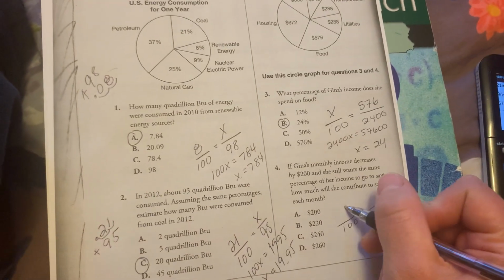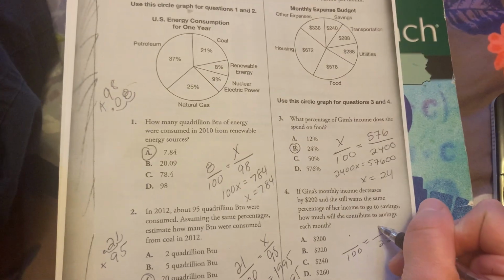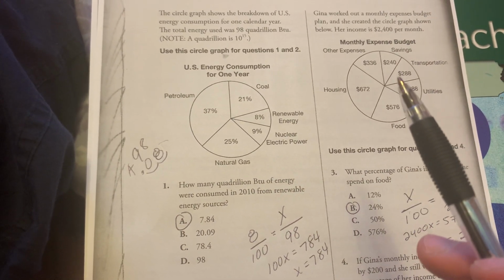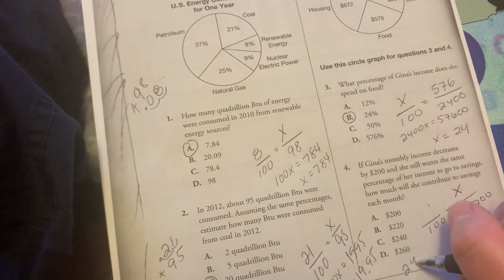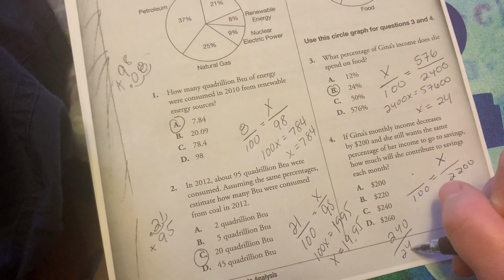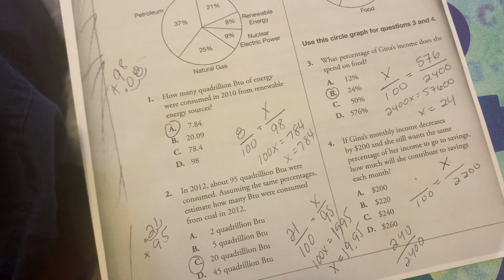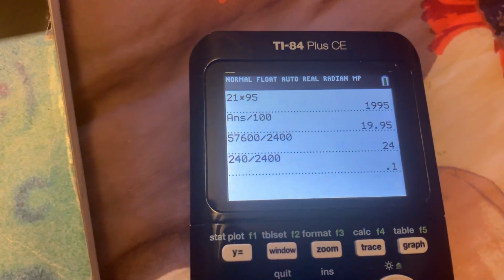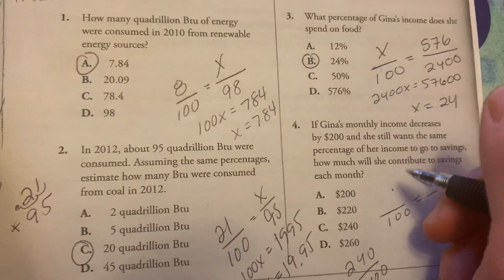So we want the same percentage. And what would that amount be? Well, we have to figure out how much savings was. So we know savings used to be 240 out of 2400. When we actually divide in our calculator, we get 0.1, which is 10%. So we know it was 10%.